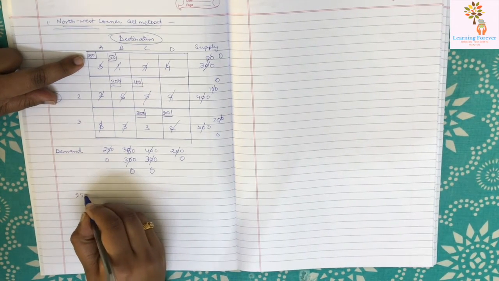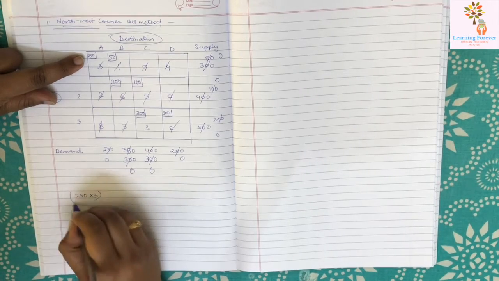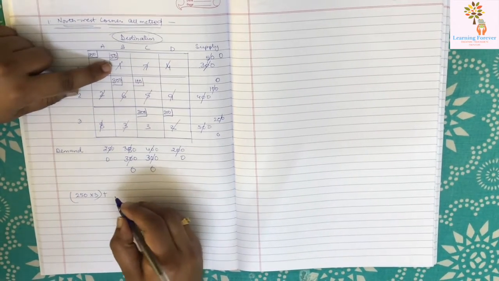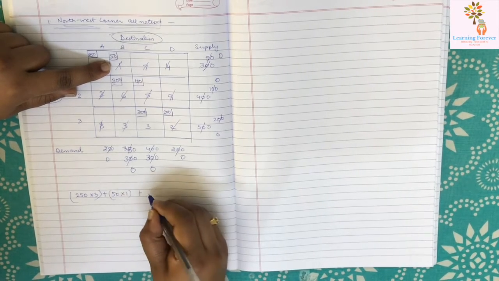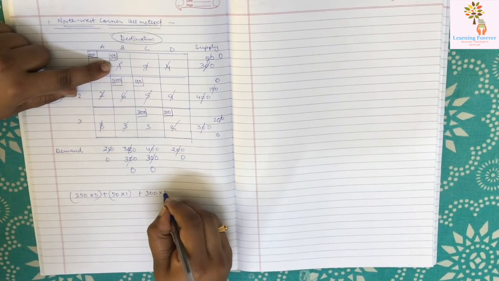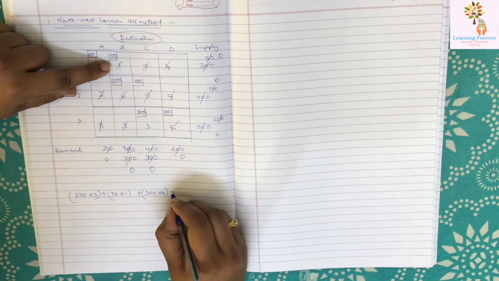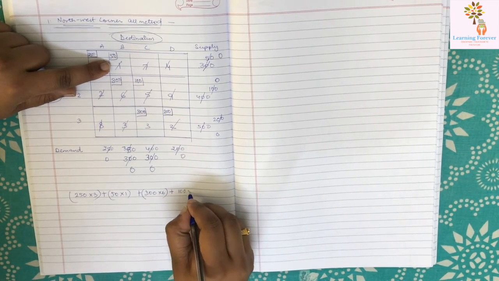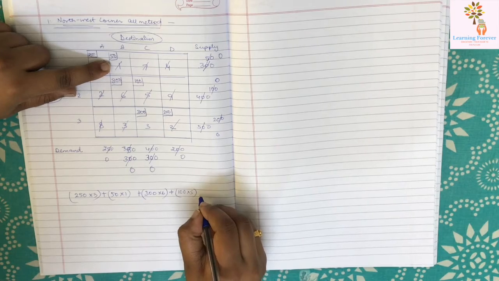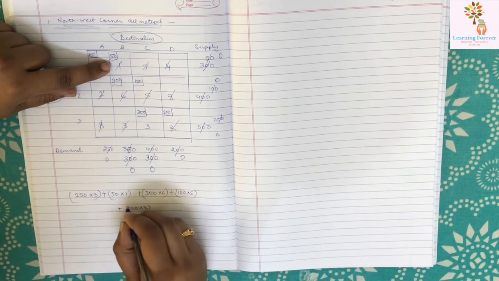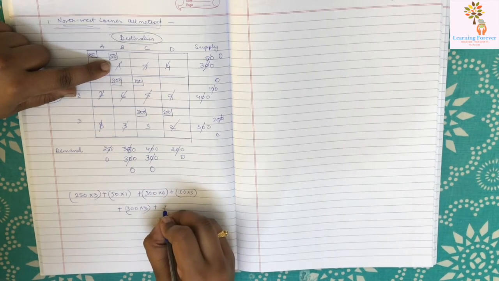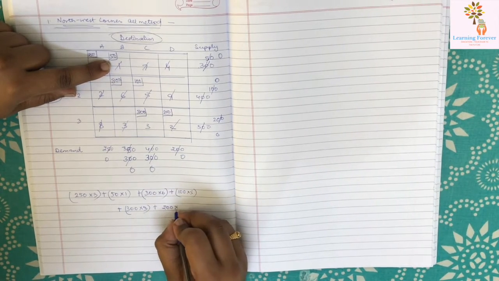It will be 250 into 3 plus 50 into 1 plus 300 into 6 plus 100 into 5 plus 300 into 3 plus 200 into 2.